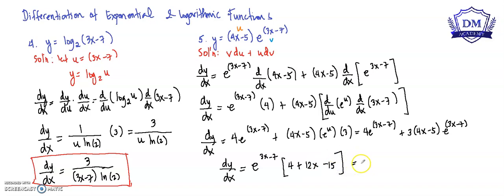Or we have e raised to 3x minus 7, multiplied by 12x minus 11. Okay, so this is our dy over dx.